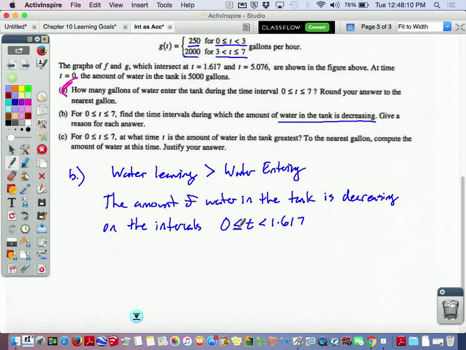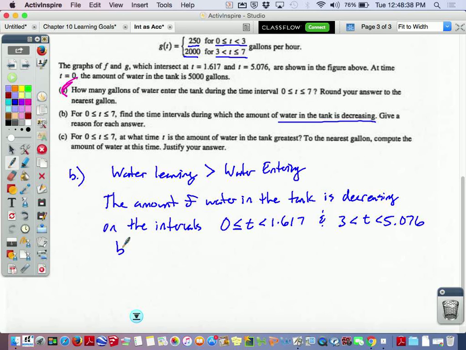Now I'm going to include 0 because we know exactly what's happening at 0. At 1.617, they're equal, so I'm not including that value. And the other interval is going to go from 3 to 5.076. And our rationale for this, we'd say the amount of water in the tank is decreasing on the intervals.